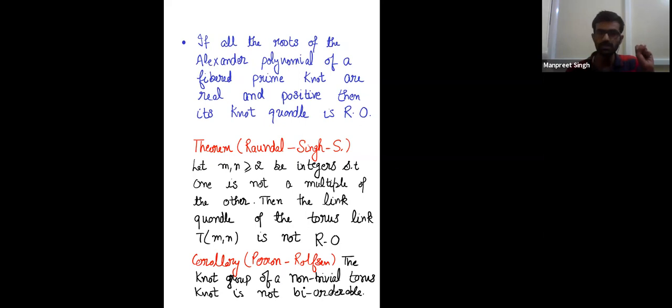We know that torus knots are prime knots, and suppose the knot group is bi-orderable, then it is proved that the conjugation quandle arising from the group will be right orderable. So it would mean that for torus knots the quandles must be right orderable, but our result proves that this is not the case.